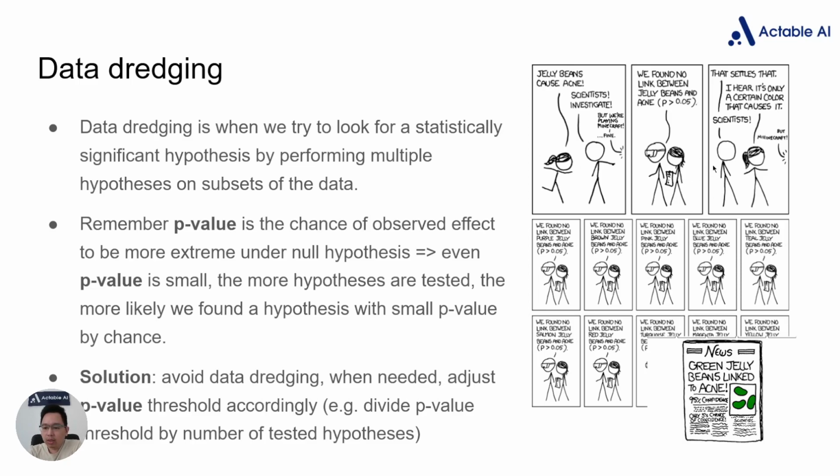First they do a hypothesis test to see whether jelly beans are linked to acne, and they didn't find anything. They didn't see any statistically significant difference between people who have jelly beans and people who don't in their chance of having acne. At first they didn't see any link, right?